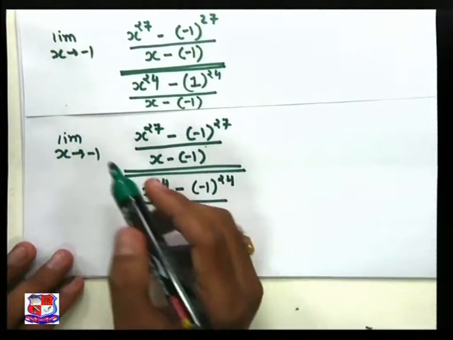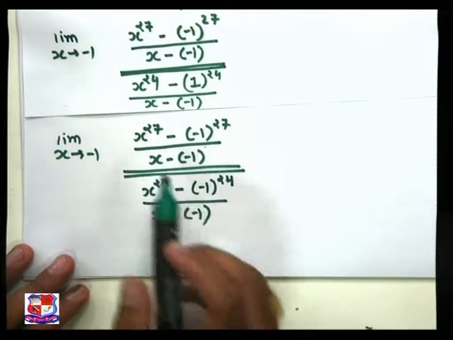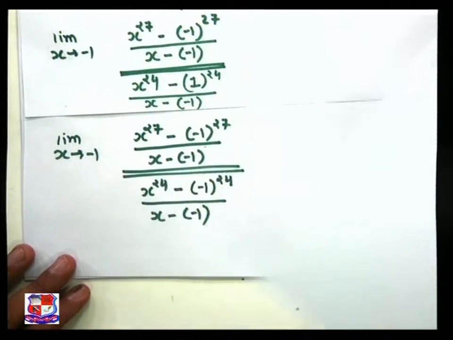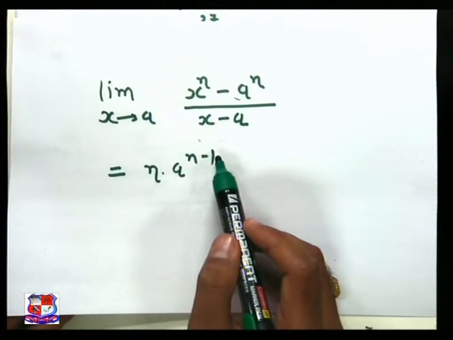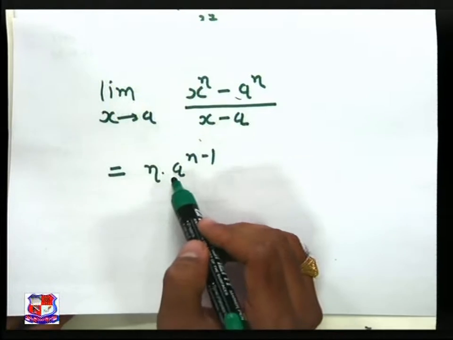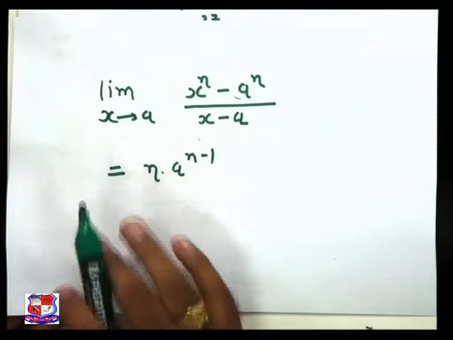Now it is time to replace the limit, that is x tends to minus 1, and our formula suggests that we can write the answer as n into a raised to n minus 1. N is the power, a is the constant term, and n minus 1 is the power minus 1.